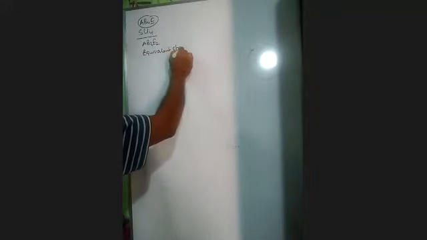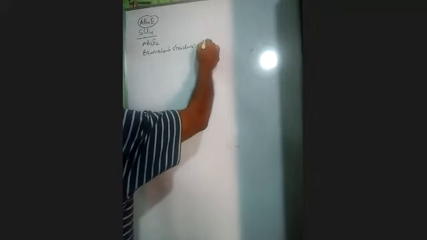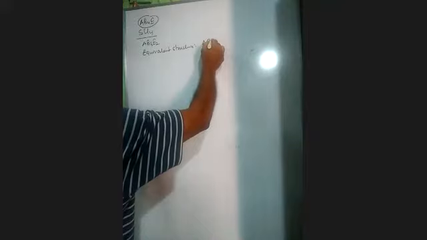Remove E, put B. Equivalent structure is what? Equivalent structure is AB5.